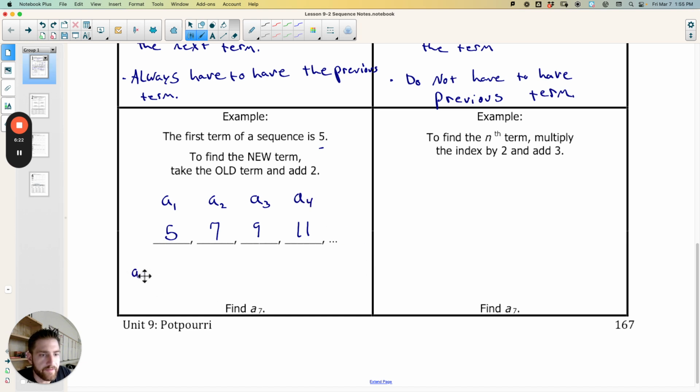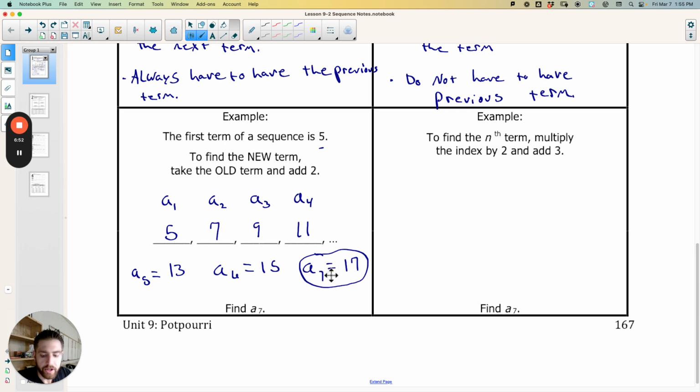So a sub 5 is going to be equal to 11 plus 2, which is 13. A sub 6 is going to be equal to 13 plus 2, which is 15. And then a sub 7 is going to be equal to 15 plus 2, which is 17. So we just found a sub 7. Notice we had to have the previous term to be able to find the next term.